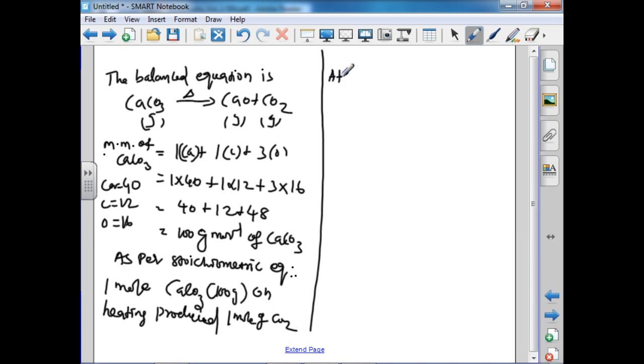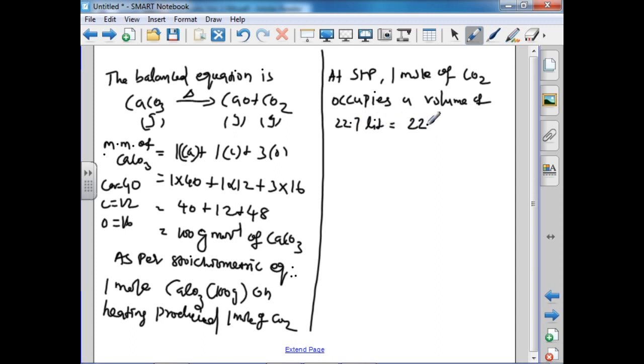At STP, standard temperature and pressure, 1 mole of CO2 occupies a volume of 22.7 liter, equal to 22.7 liter of CO2 divided by 100 gram of CaCO3.